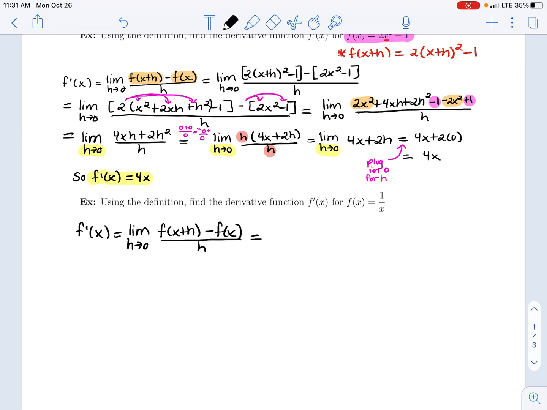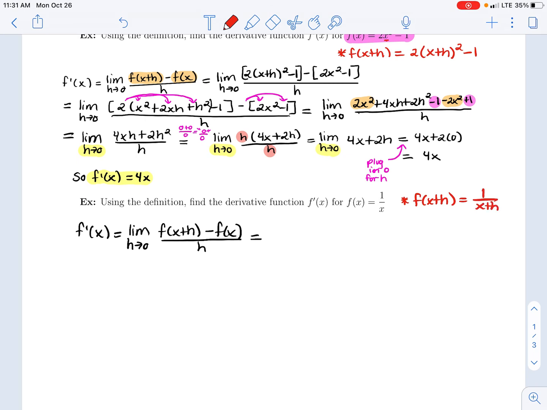Okay, so now we need to figure out what our f of x plus h is because we already know what our f of x is. And so from this step to the next, we're just going to plug in f of x plus h and f of x. But just to note what f of x plus h is, this is just equal to 1 over x plus h.